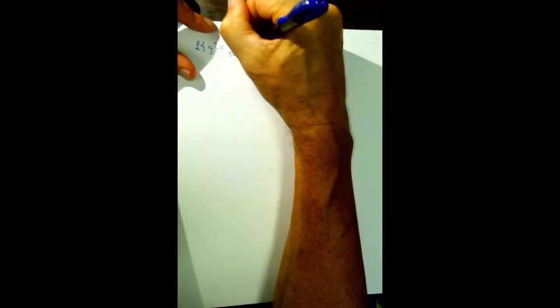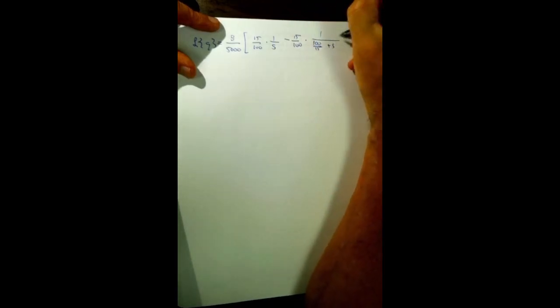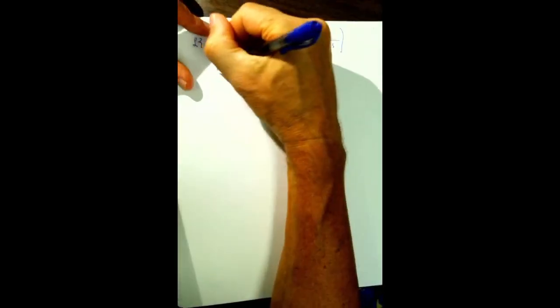So what does that look like? That looks like now the Laplace transform of q. I'm going to be careful here. So that's 8 over 5,000 times the quantity, and we just said that's a over s, so that's going to be 15 over 100 times 1 over s minus 15 over 100 times 1 over 100 over 15 plus s, plus 8 over 5,000 times the same thing.